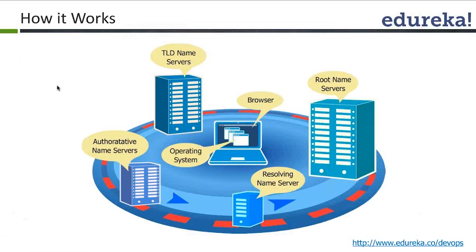And who actually maintains this authoritative name server? It is Google themselves. Now in this architecture, what we see is there is a hierarchy. There is a root name server, there is a TLD name server, and there is an authoritative name server, and each of them is controlled by different individuals, as you see here.